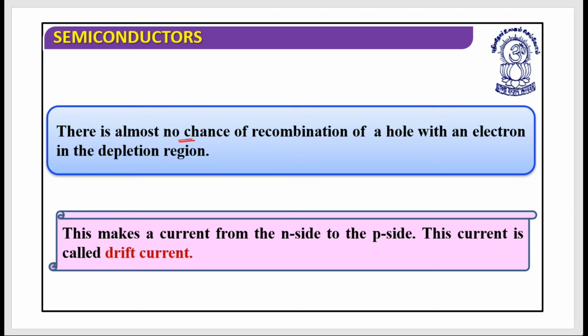And there is almost no chance of recombination of a hole with an electron in the depletion region, and this makes a current from the n side to the p side, and this is what we know as the drift current. So I hope you are clear with what diffusion current and what drift current is.